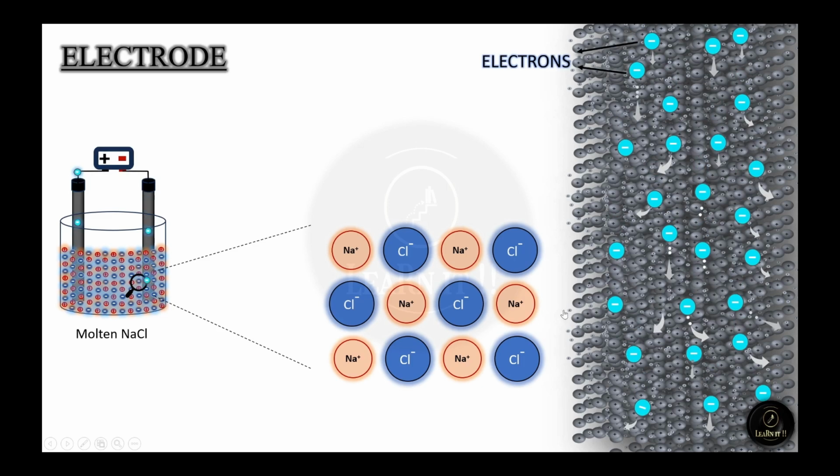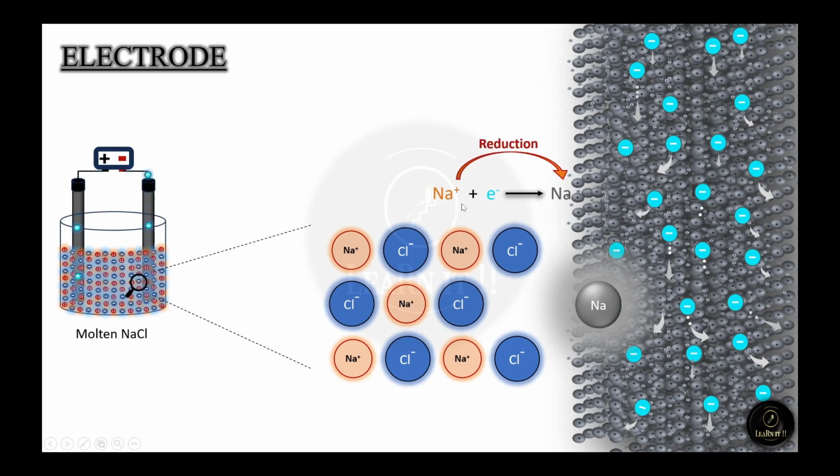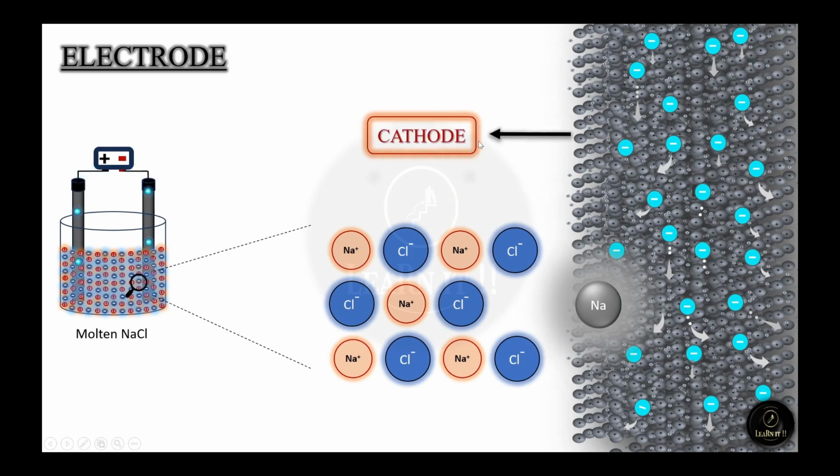So here the Na plus ions move towards the electrode, take that electron. So here gaining of electron takes place by Na plus ions, so it is called as reduction. So the place where reduction takes place is called as cathode. So in conclusion, we can say that whatever the electrode which is connected to negative terminal of the battery is called as cathode.